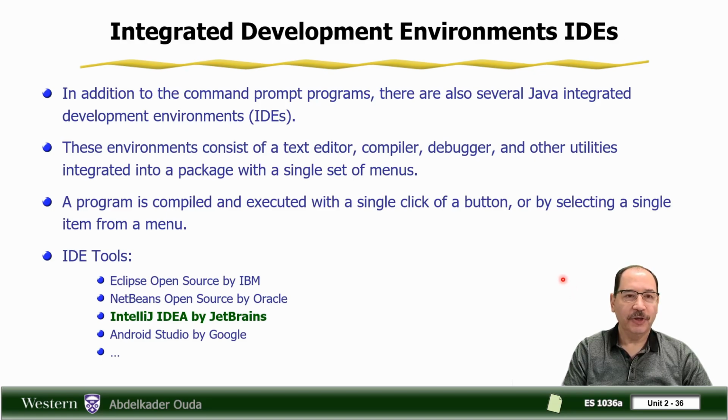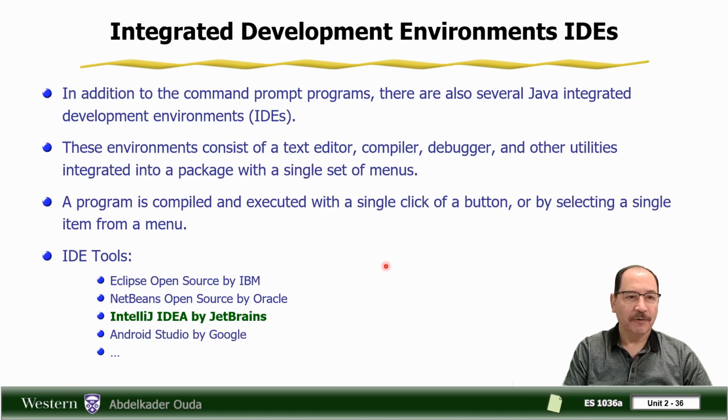All of these features can be navigated through simple menus. So a program is compiled and executed simply with one click of a button. Then we can compile what we have edited internally, and then we can see the result of running your application. There are many such IDE tools.